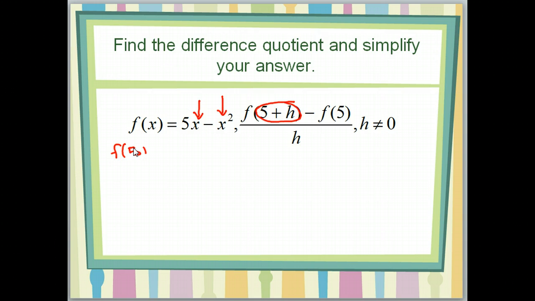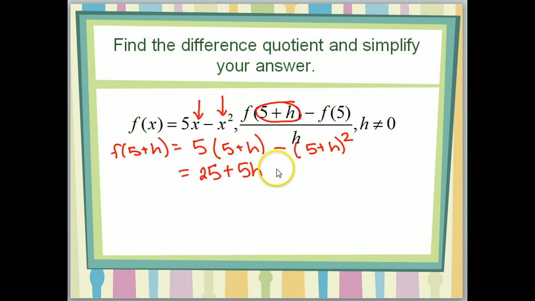F of 5 plus h equals 5 times 5 plus h minus 5 plus h quantity squared. Let's distribute the 5. 25 plus 5h minus, hang on to those parentheses, we need to FOIL this, 25 plus 10h plus h squared.